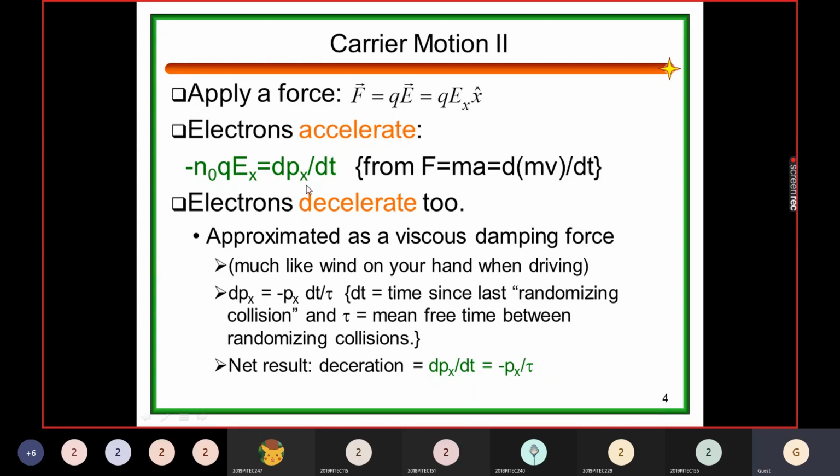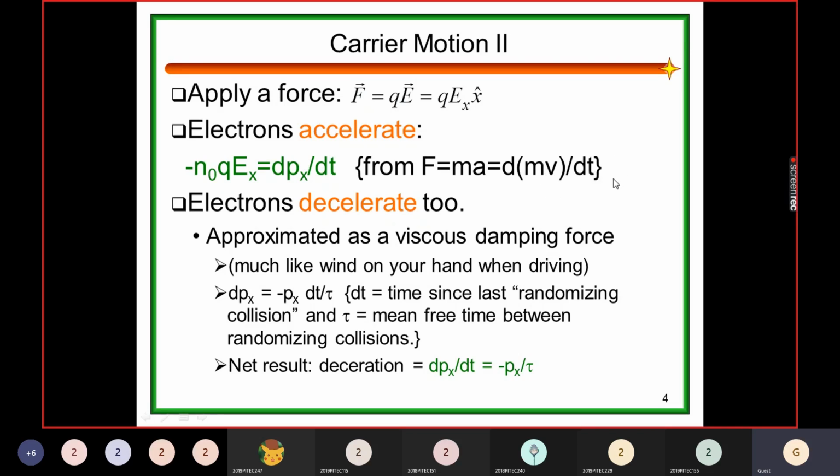So it is equal to dpx divided by dt. In addition, we all know the formula for force: F is equal to m into a, which is a derivative of time. So px is replaced by mv, d of mv divided by dt.